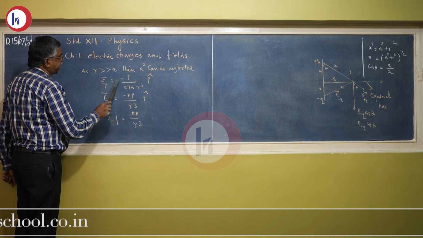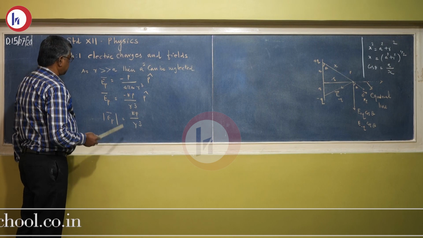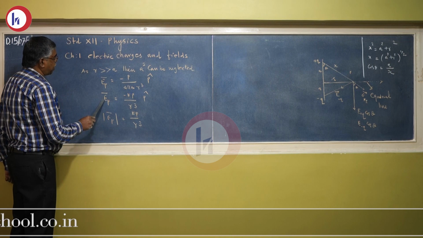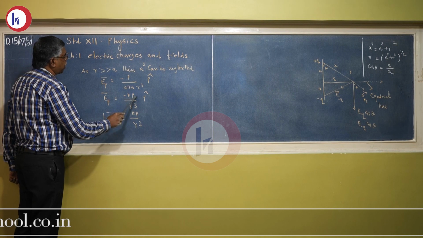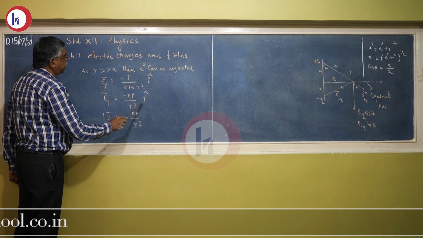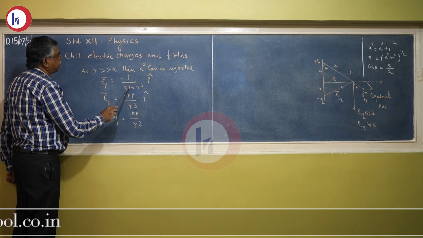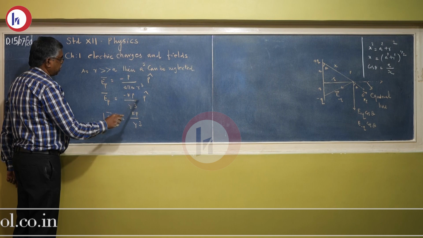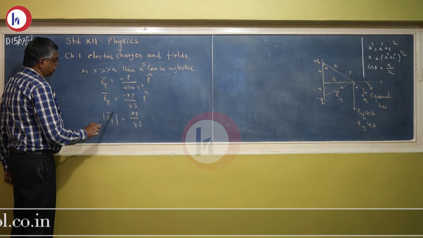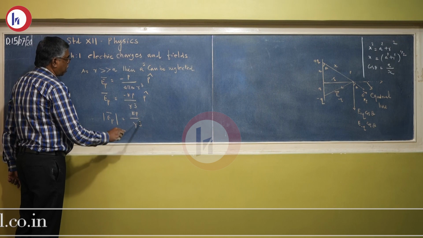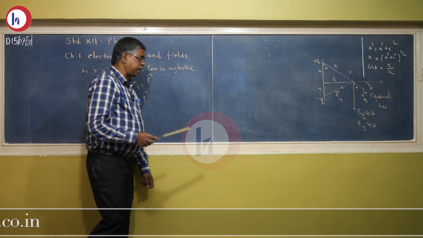The minus indicates that the electric field is acting along the negative direction. So electric field in vector form is minus Kp upon r raised to 3 times p unit vector, where K is nothing but 1 upon 4 pi epsilon 0. So if we take the magnitude of the electric field vector, it equals Kp upon r cube, that means electric field is proportional to 1 upon r raised to 3.